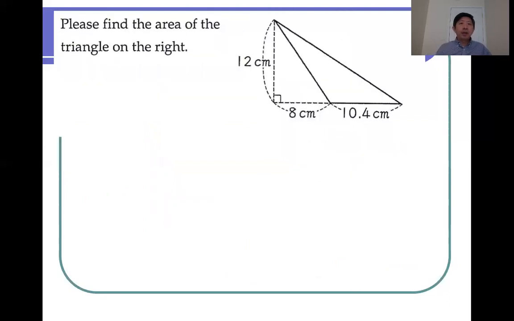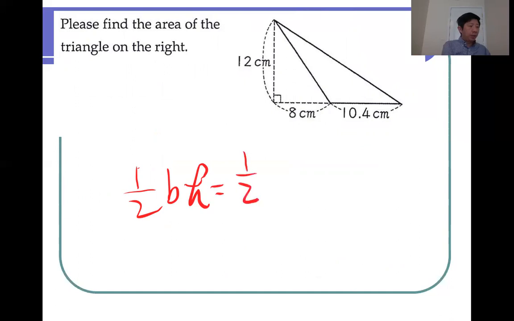Find the area of the triangle on the right, right? So we want to find out the area of this. Again, 1/2 base times height, right? Now this time we have the base for this. Is that right?